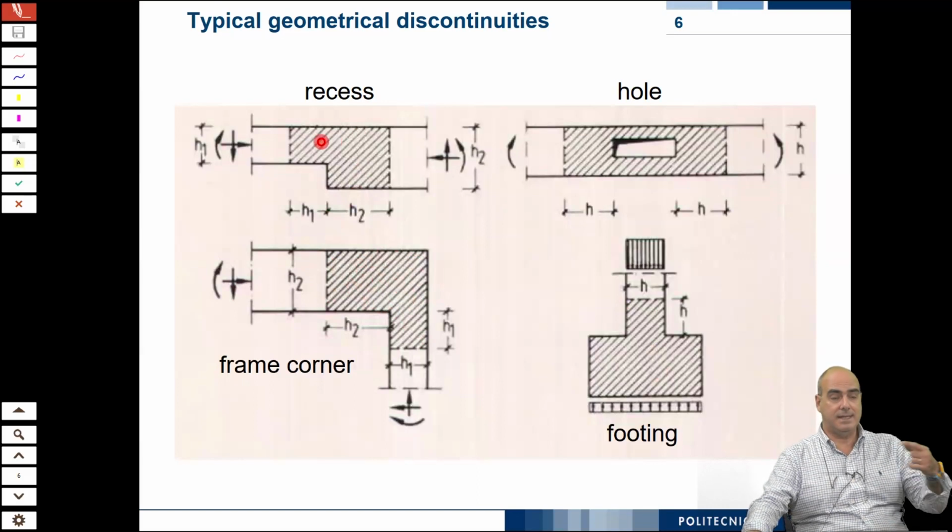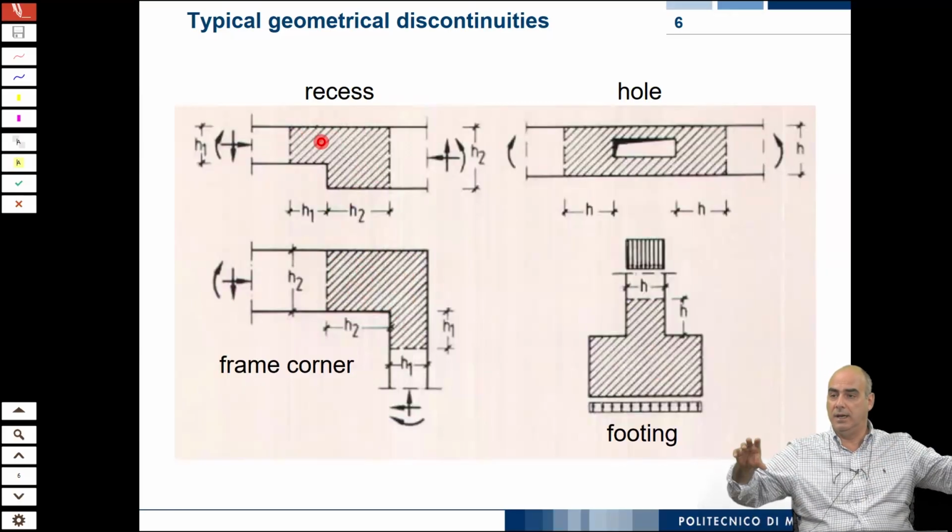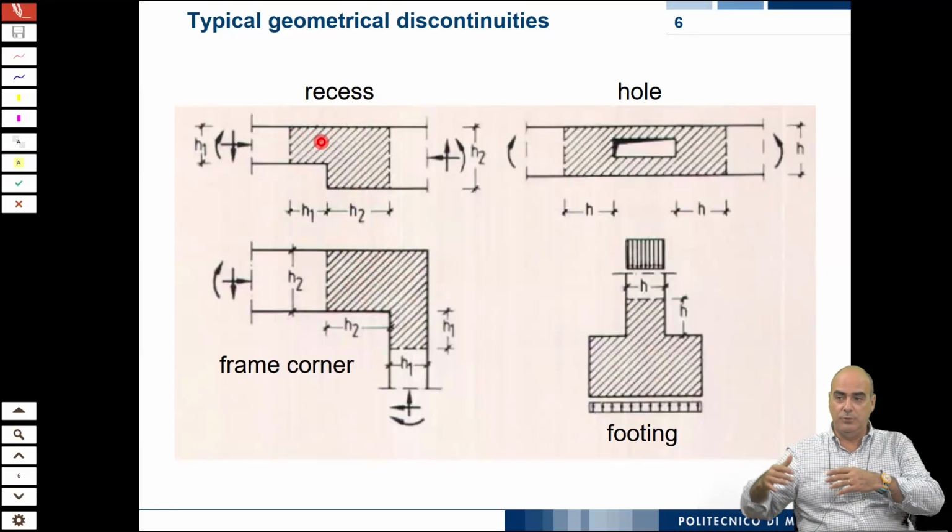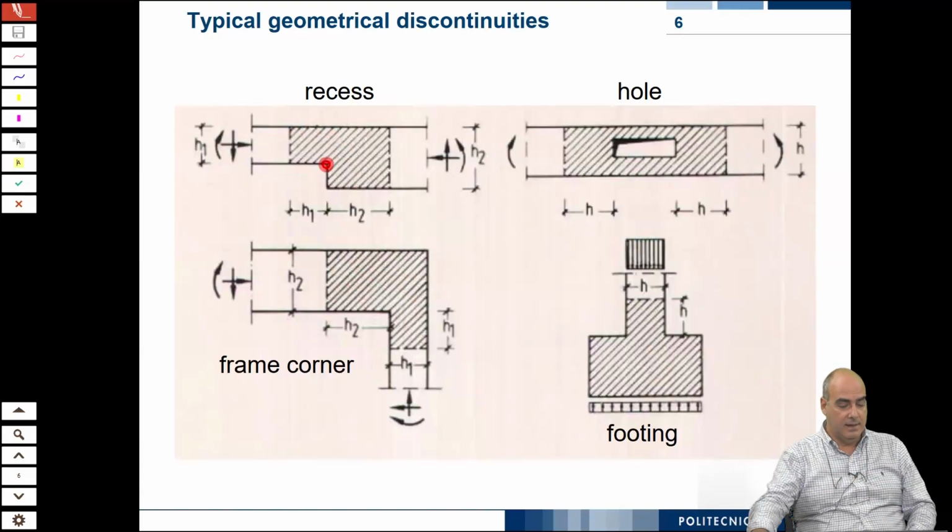Here we have recesses. You remember we saw in some pictures beams which were continuous over the support and then had some ends to connect to the other beams. Here you might have some change in the depth of the beam. You might have a hole.